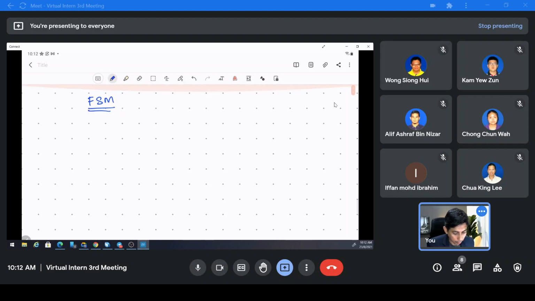So FSM is one of the sequential circuit. What is the sequential circuit? The sequential circuit is the circuit that has a clock, and uses the clock to synchronize the data or the operation.